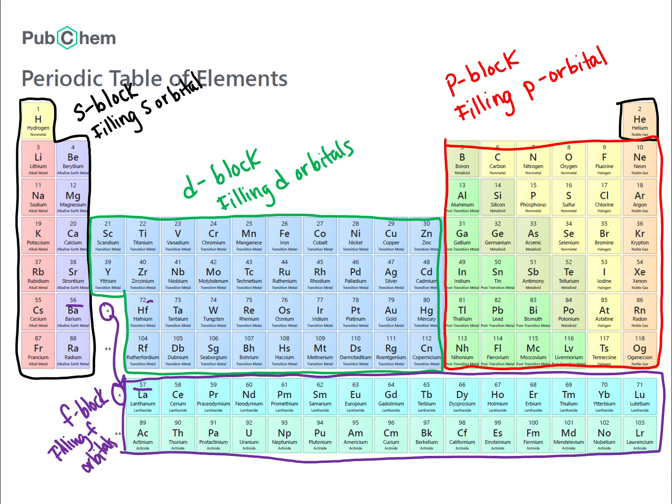Now I'm going to go through and write the different energy levels. So this is your n equals 1, 2, 3, 4, 5, 6, and 7. So this would be your 1s, 2s, 3s, and so on.